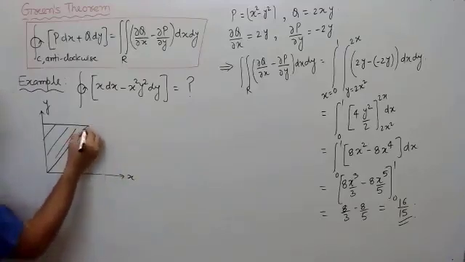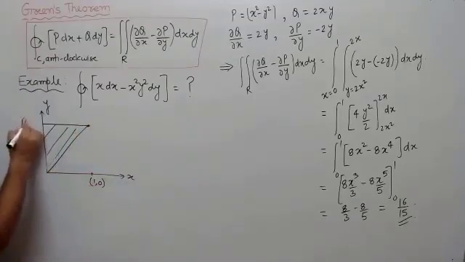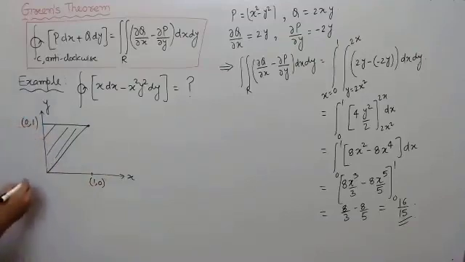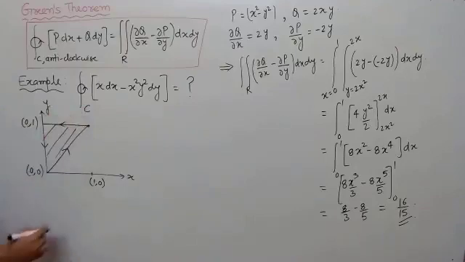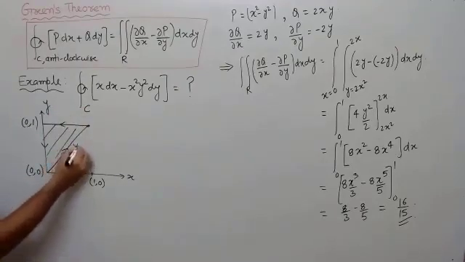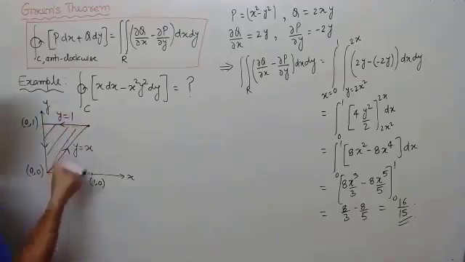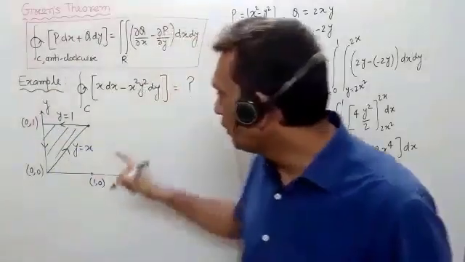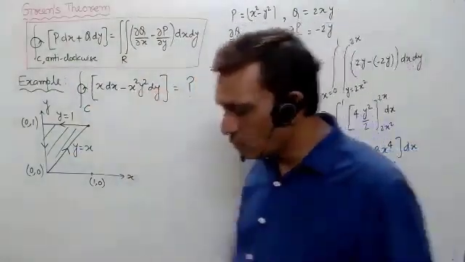You can see this point is 1 0, and this point is 0 1, and this point is 0 0. Again you have to move in anti-clockwise direction. This line is y is equal to x, and this line is y is equal to 1. So over this boundary, evaluate integral x dx minus x square y square dy.